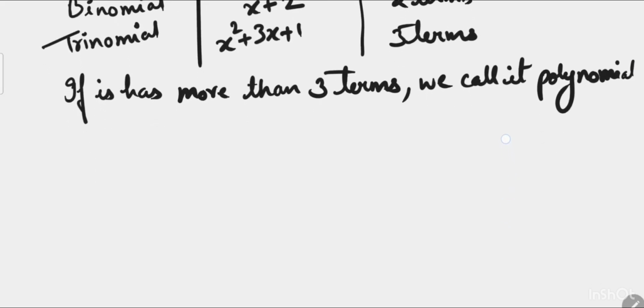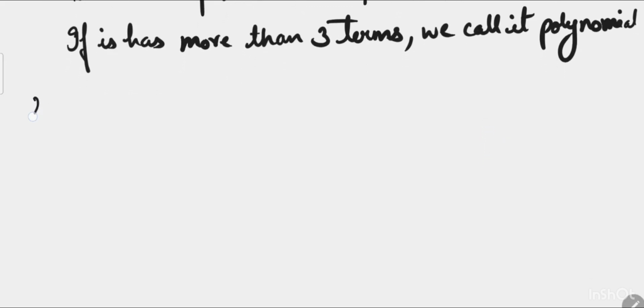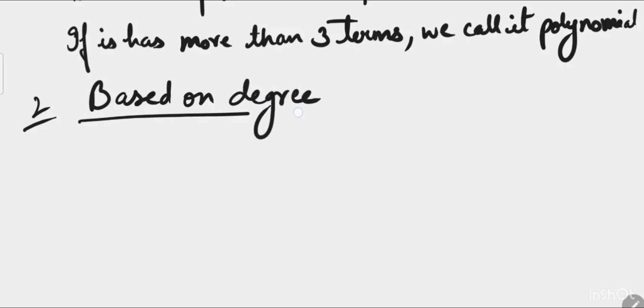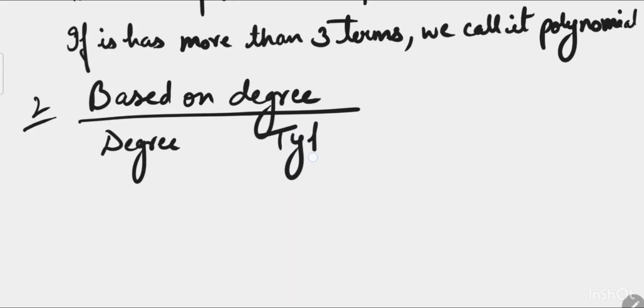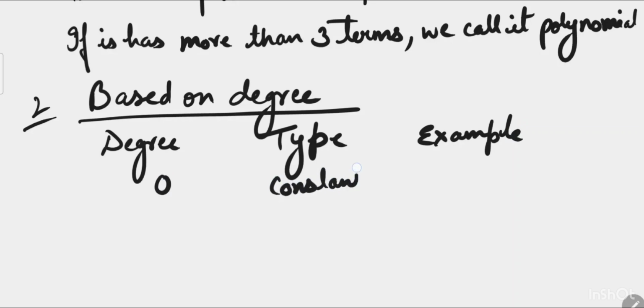Now, number 2 is based on degree, or we can say the highest power of x. Degree, type and example. If we have 0 degree, then it will be constant. Example 5, 4, 3.